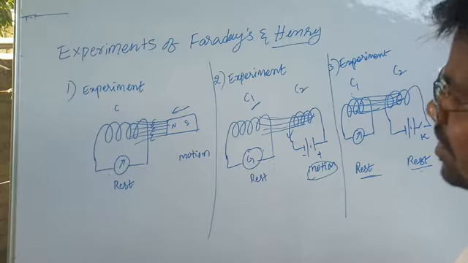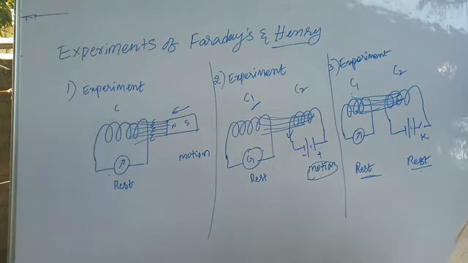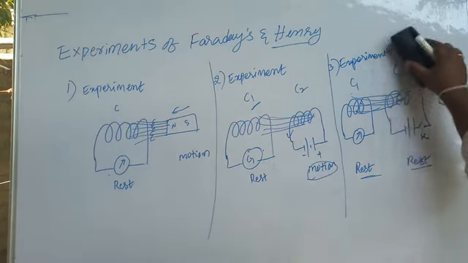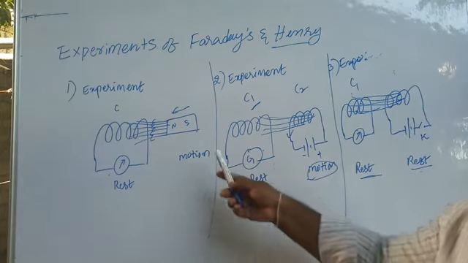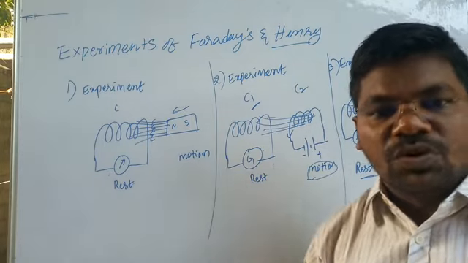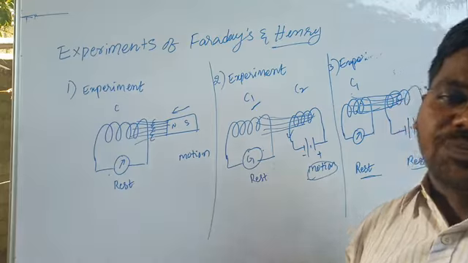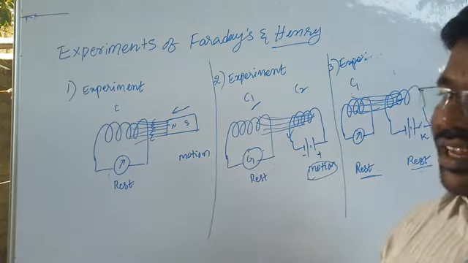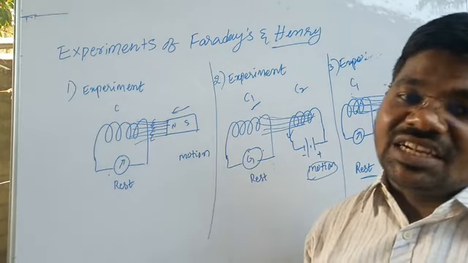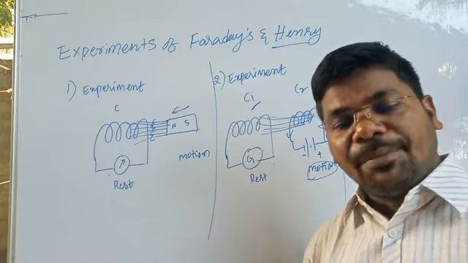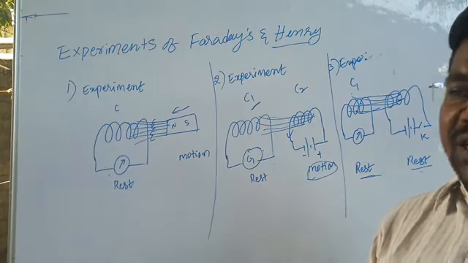By these three experiments we can get induced current, if either the coil or the magnet is in motion, or otherwise the magnetic flux linked with the coil changes.